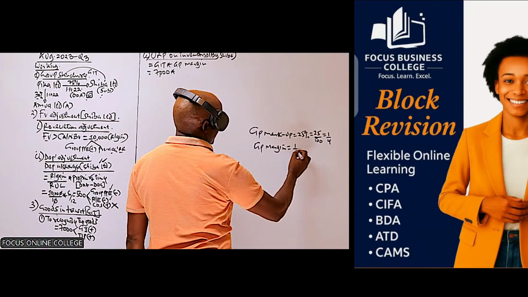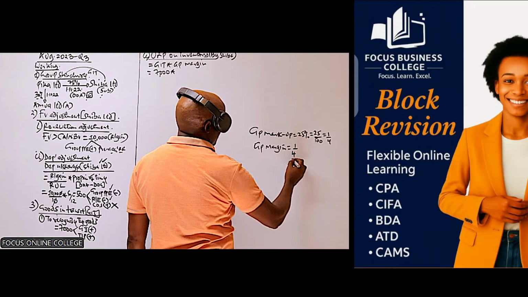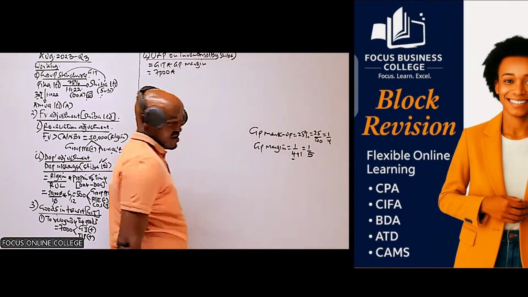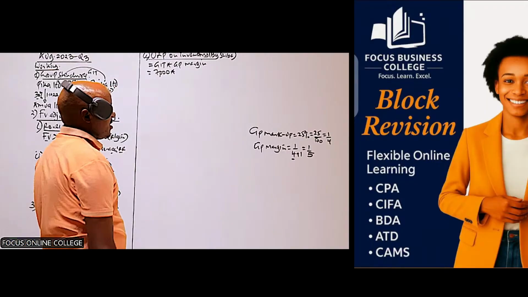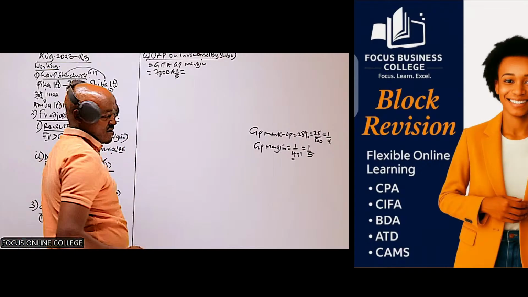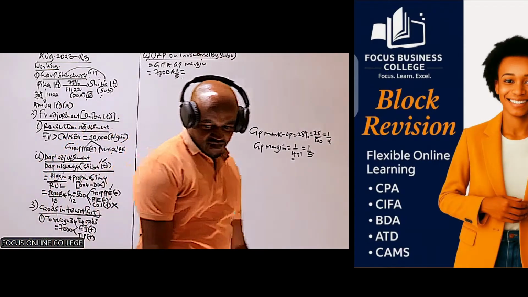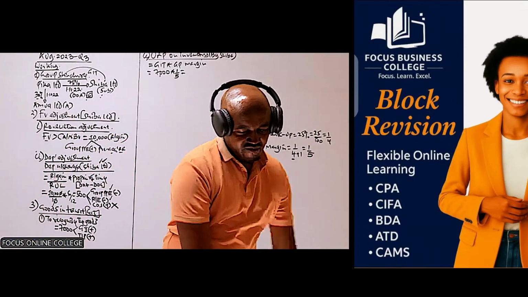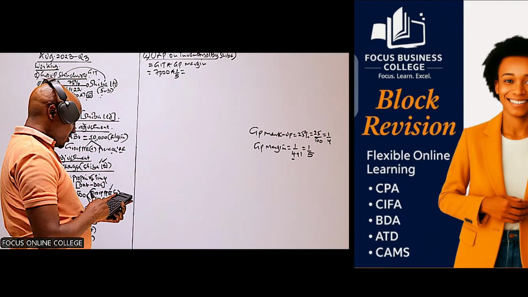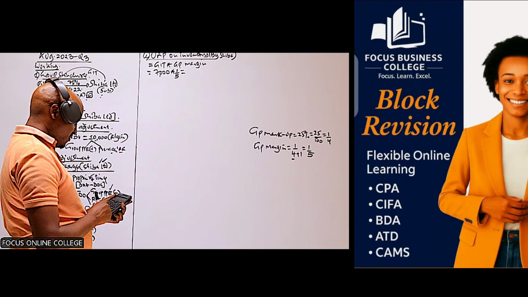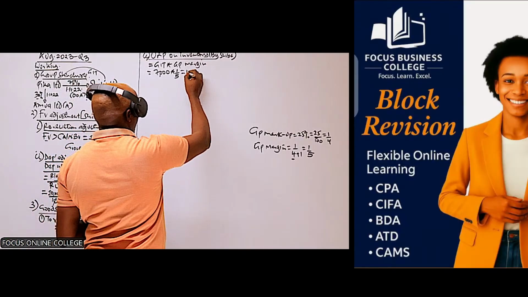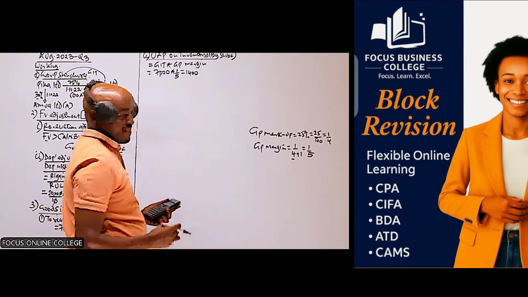This one will be 1 over 4, and then to this we add the numerator, so it will be 1 over 5. That is our margin. So the final figure is 7,000 divided by 5, which gives us an unrealized profit of 1,400.